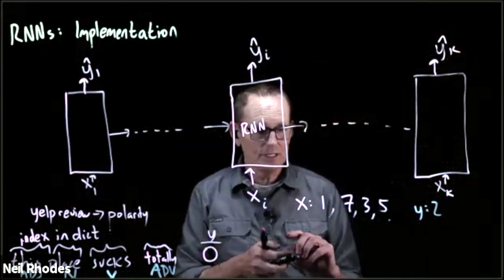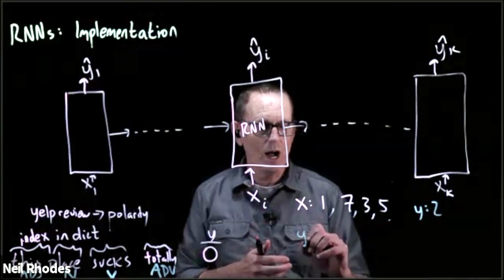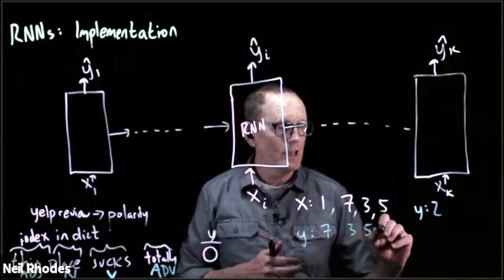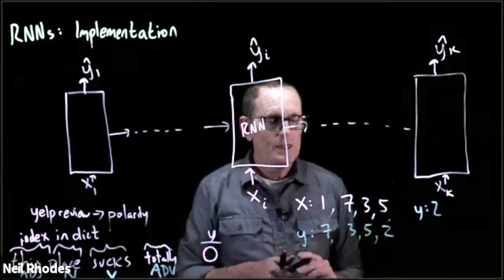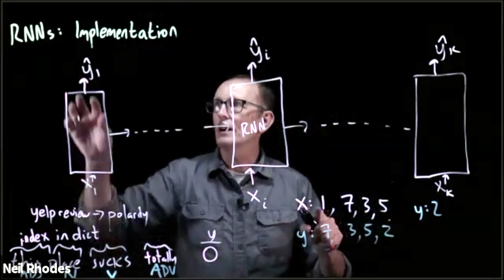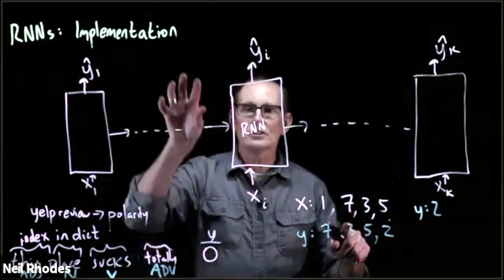But basically we've only learned one Y hat in that case. What we could do is instead organize it such that X is 1, 7, 3, 5 and Y is 7, 3, 5, 2. That is, if we feed in a 1, we expect the next value should be a 7. If we feed in a 7, the next value should be a 3.